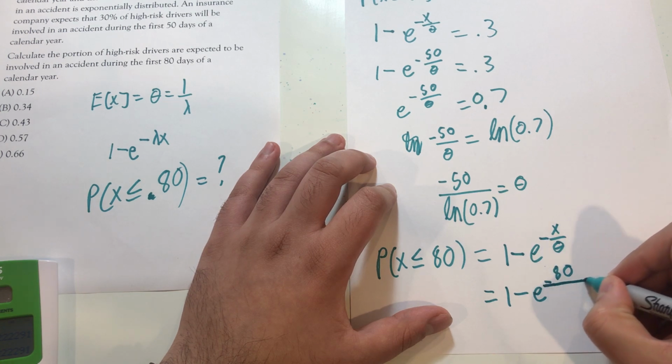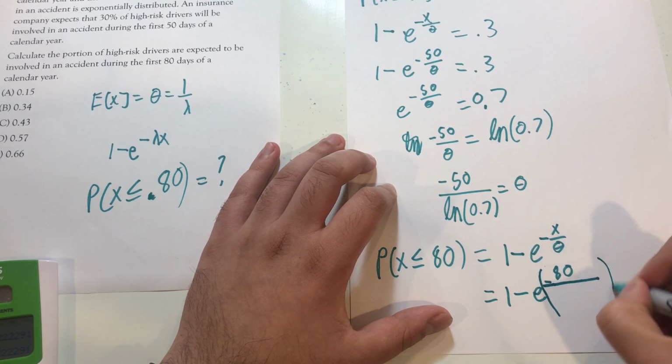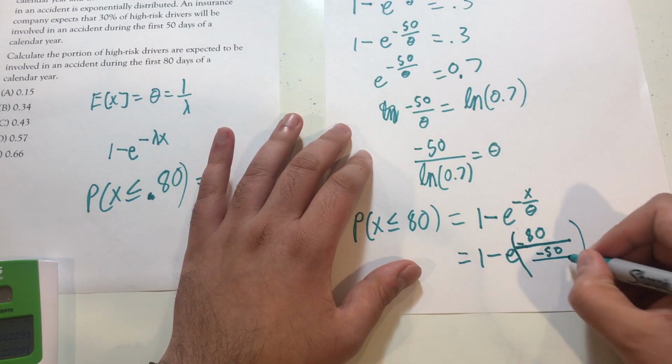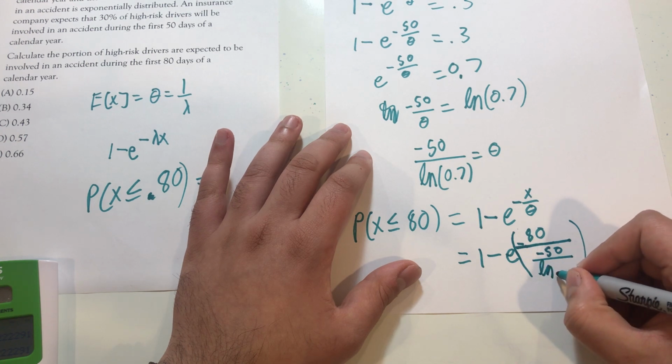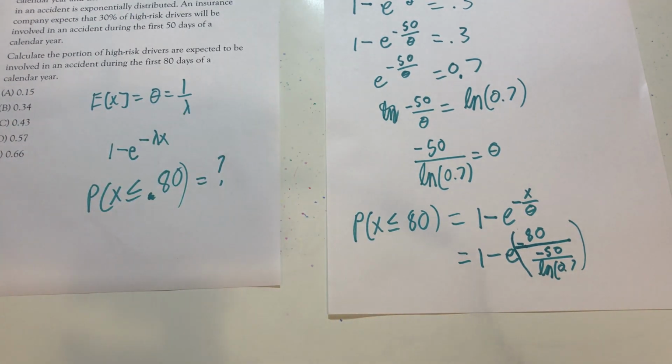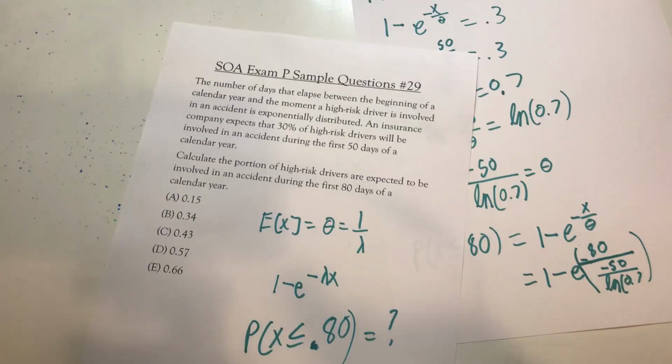Let me extend that and put these in parentheses just to be clear: negative 50 divided by the natural log of 0.7. Now that is something I can just put into my calculator. So 1 minus e raised to the negative 80 over negative 50 over natural log of 0.7, which I denoted before as x in my calculator, so that's all I have to put in.